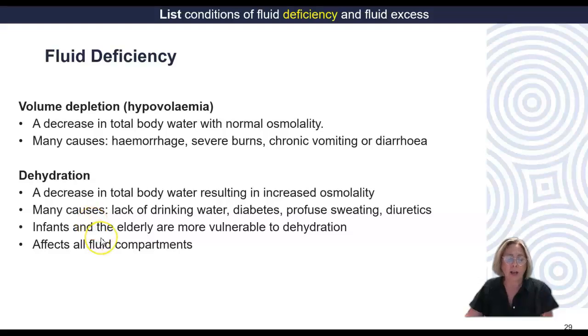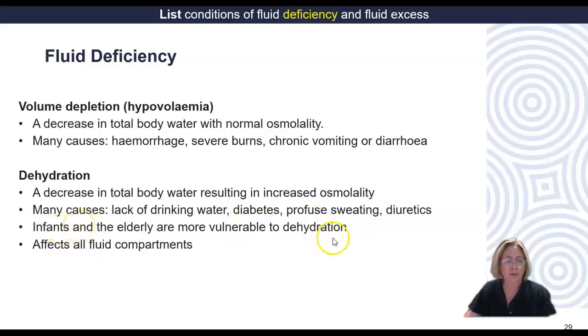Now, infants and the elderly are far more vulnerable to dehydration, and dehydration itself affects all fluid compartments. Now, babies are more susceptible to dehydration because of their small size, also because of their higher metabolic rate, and babies can't communicate really to tell you that they're thirsty, and they can't hydrate themselves.